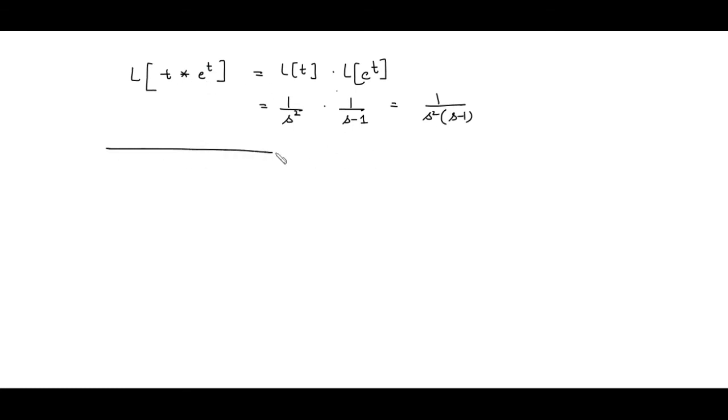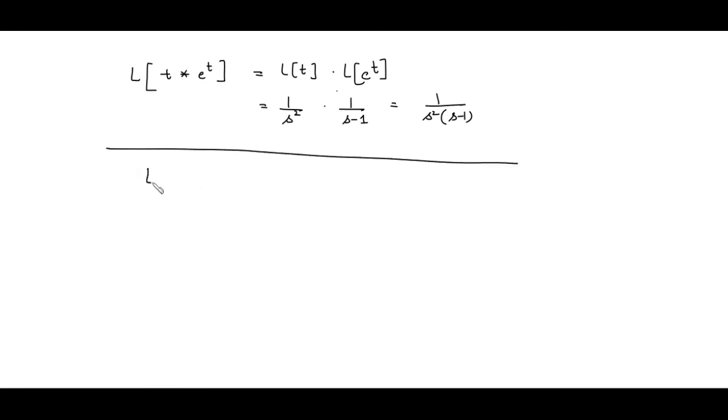By using the convolution theorem, this will be the Laplace of t times the Laplace of e to the power t. So that will be 1 over s square into 1 over s minus 1. So the Laplace transform of t convolution with e to the power t is 1 over s square (s minus 1).